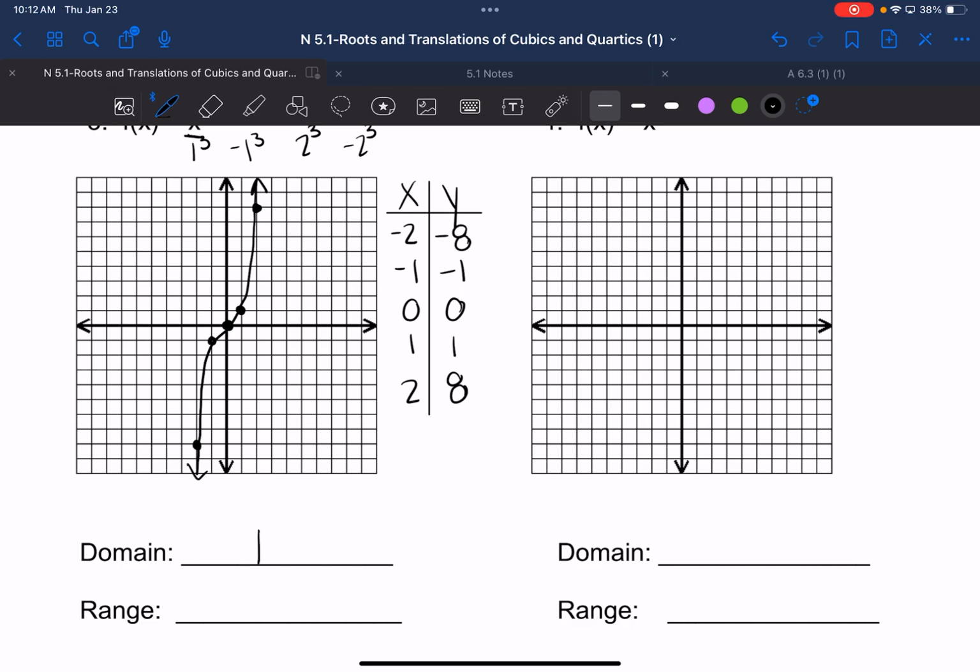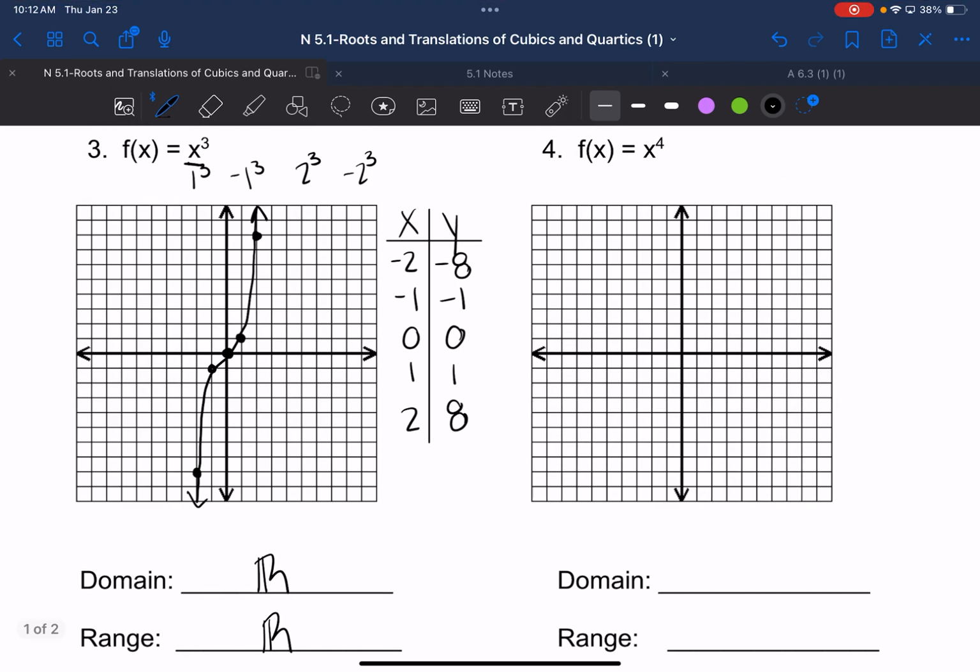All real numbers, because it will continue up and down infinitely, as well as left and right. That means my range is also going to be all real numbers. So it goes up and down and left and right continuously.